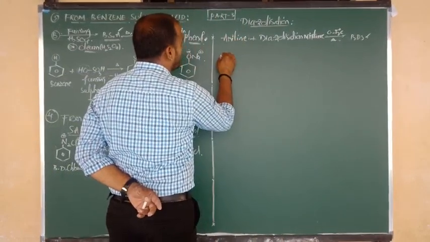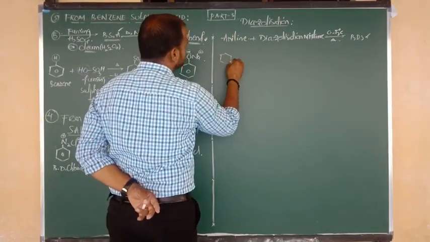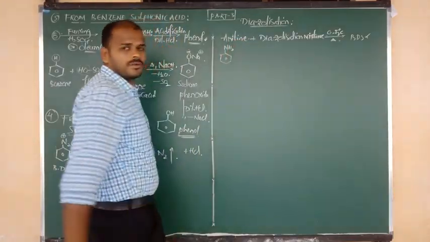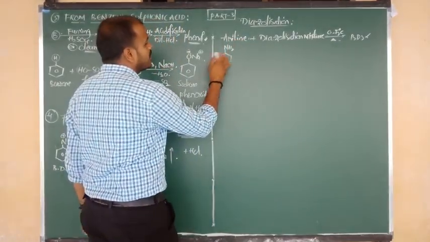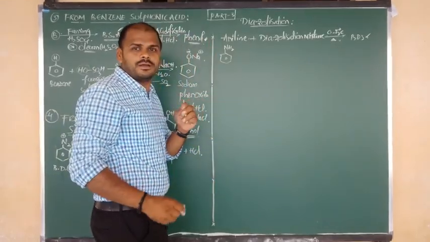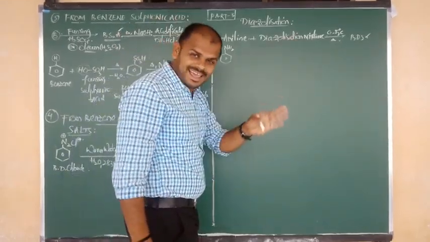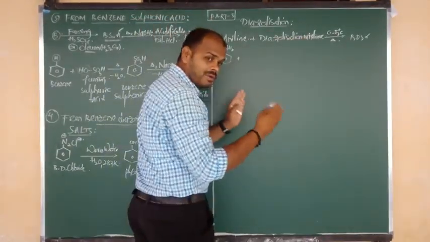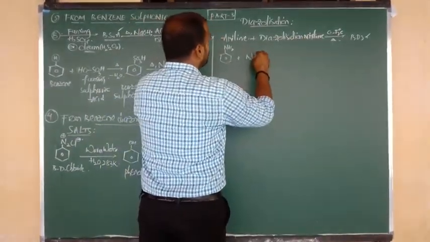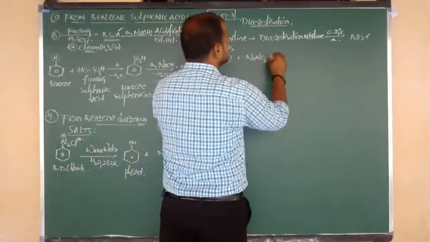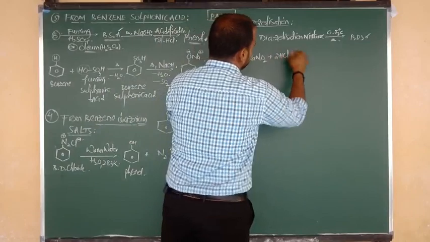Now the statement. Aniline, what is the formula? Benzene bonded to NH2. It undergoes reaction with the diazotization mixture. Sir, what is the formula of the diazotization mixture? The diazotization mixture formula is NaNO2 plus 2 moles of HCl.